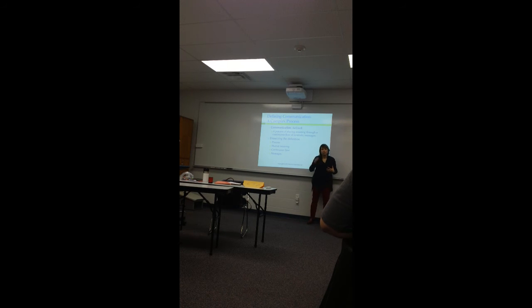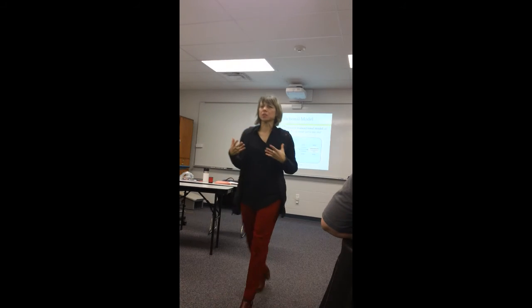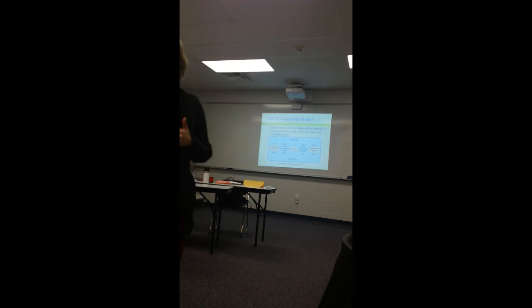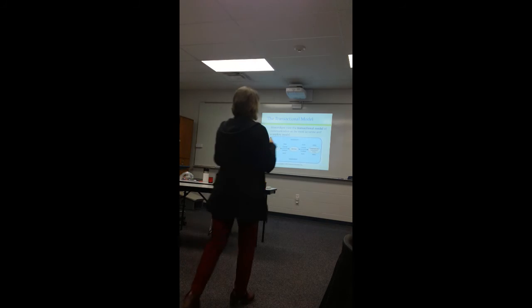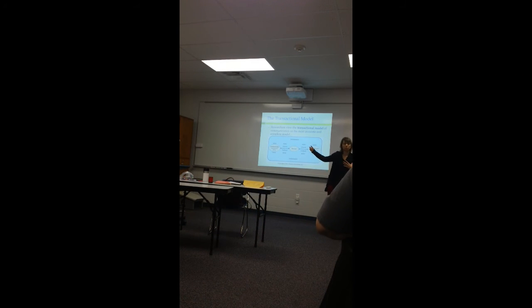Let's move to the other aspects of communication, the model. And I'd like to bring up this model because it's a little more detailed than what your book has, and it helps me explain this a little better, but we'll go over the same things. So central to this model, this process, is the message.